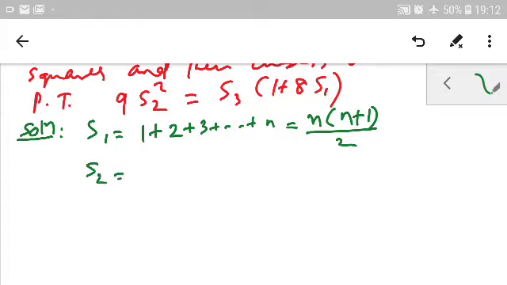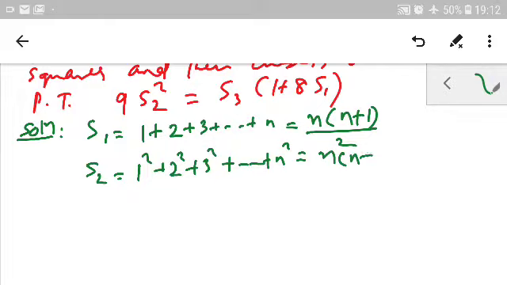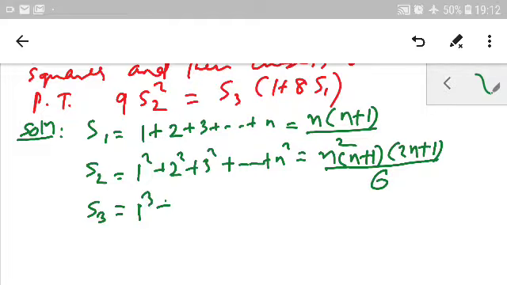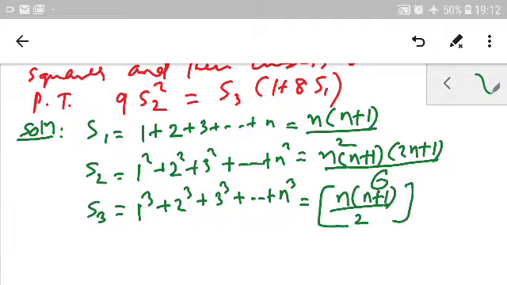Similarly S2, the sum of squares of first n natural numbers, is n into n plus 1 whole into 2n plus 1 whole divided by 6. Now S3 is equal to 1 cube plus 2 cube plus 3 cube up to n cube, that is equal to n into n plus 1 divided by 2, its whole square.